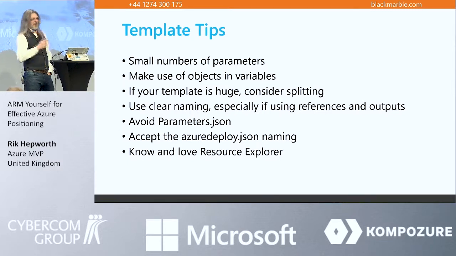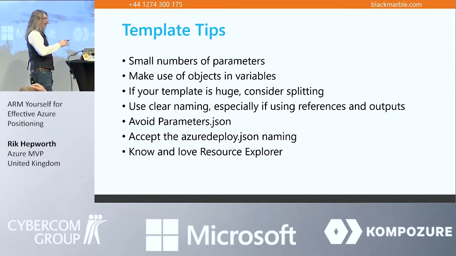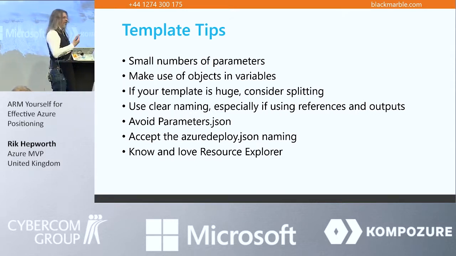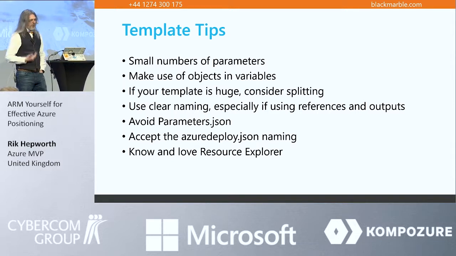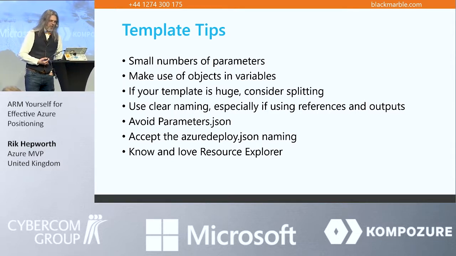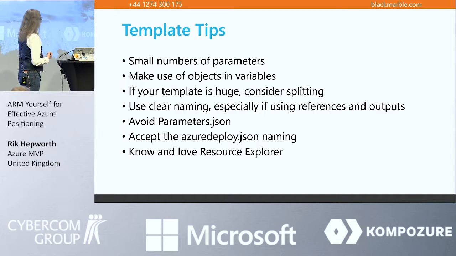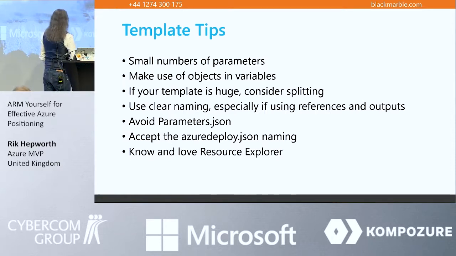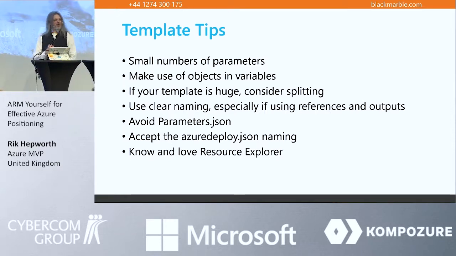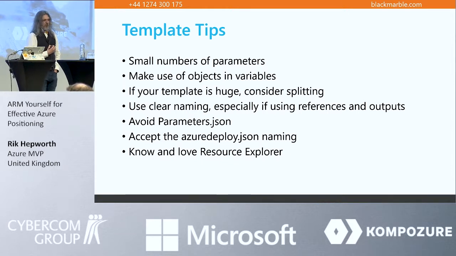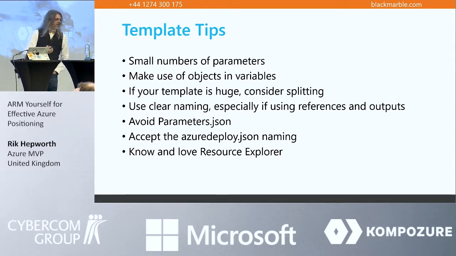Use clear and sensible names for everything that makes sense to your team, not just you, when you're naming variables and resources and that kind of stuff. And one that's potentially a little bit controversial, I hate, detest, do not use, and I hurt my developers if they do, parameters JSON.